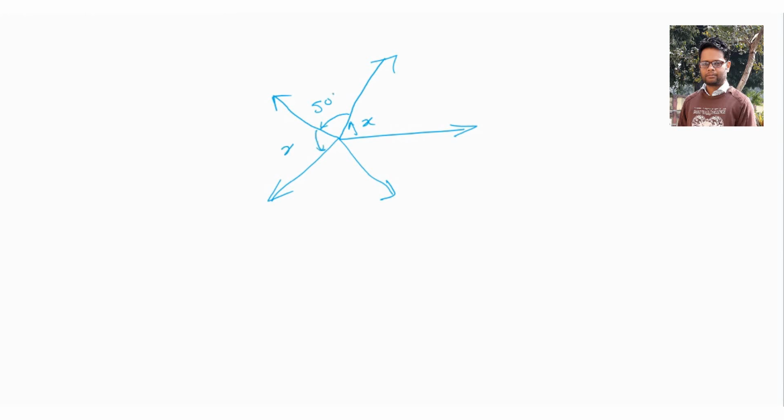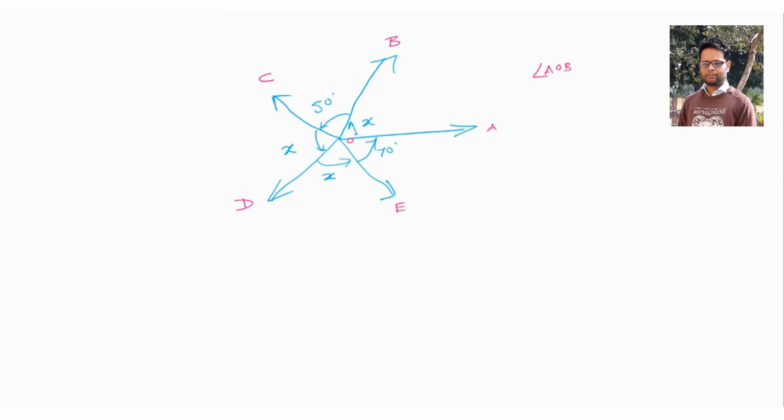This one is also x. This one is also x. And this one is 70. Here I will apply the complete angle concept. This point is called O, A, B, C, D, E. Now I will apply the complete angle concept.